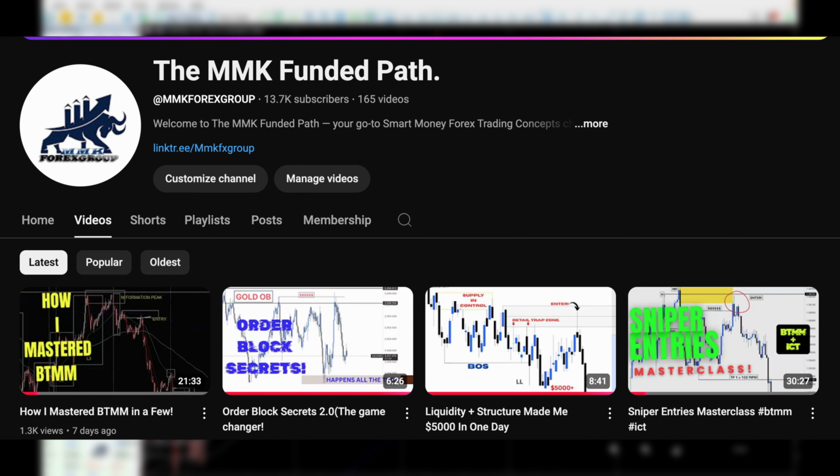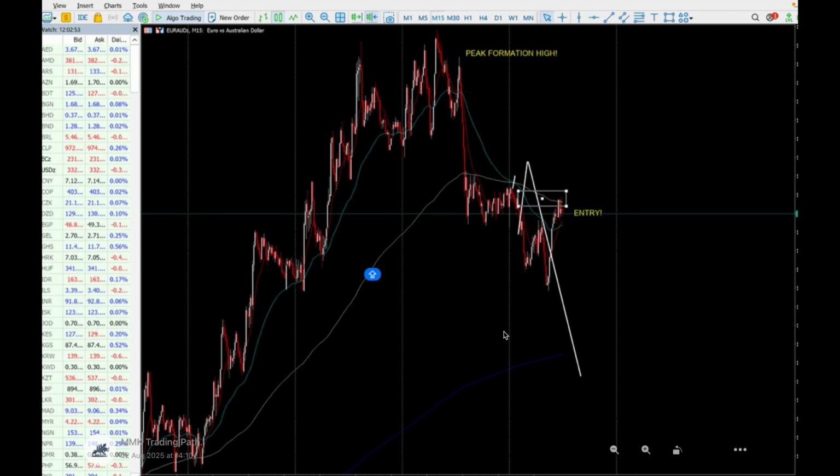Right, so just by looking at this, one of the reasons behind me looking for short entries on Euro AUD was we had a very clear peak formation high which was set, and I wanted to look for shorts going to the downside. So now I'm going to be taking you through the chart itself, Euro AUD.